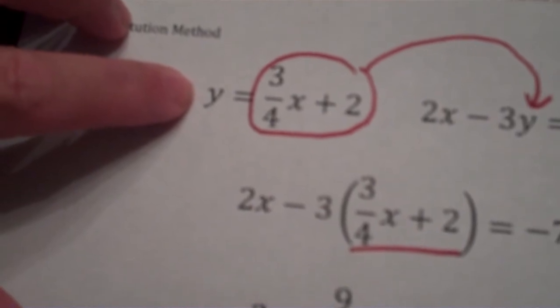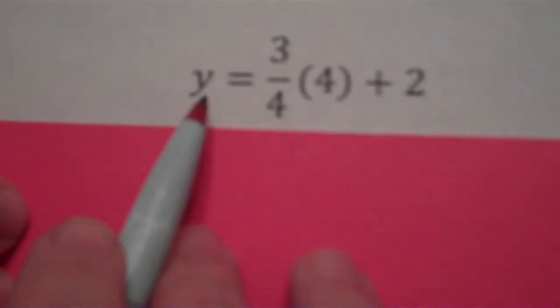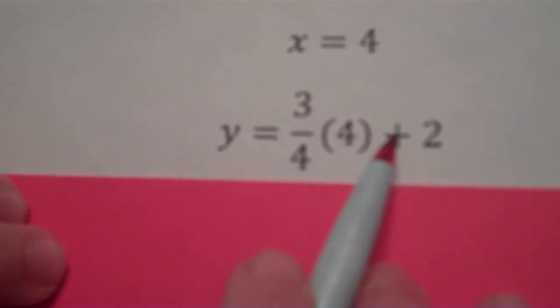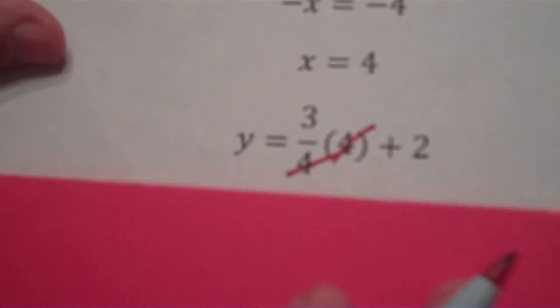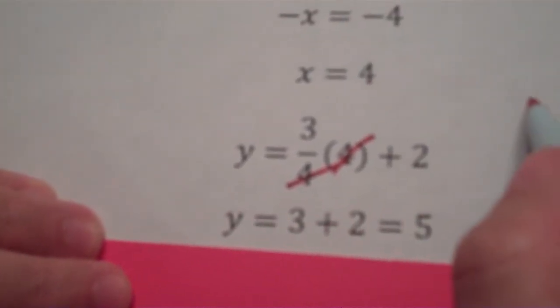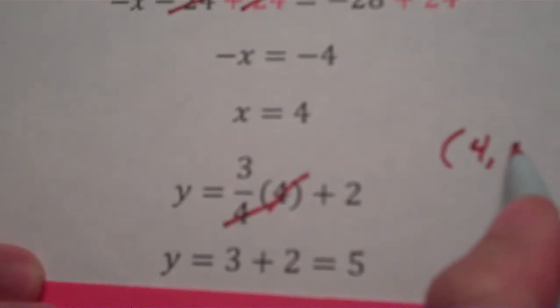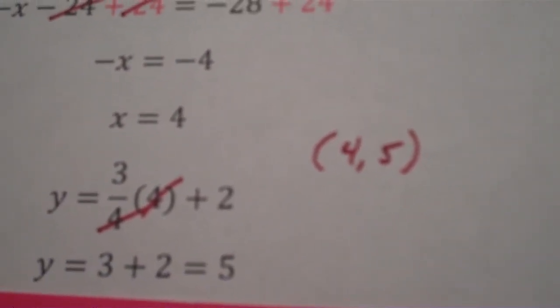Plugging in a 4 into this equation gives me the following. So I have my y equals 3/4 times x, which is 4, plus 2. Once again, my 4's merely cancel, which gives me 3 plus 2 equals 5. So once again, it's the same solution I had a minute ago. Y equals 5, x equals 4. If I list it as a point, I get exactly the same point that I found graphically.